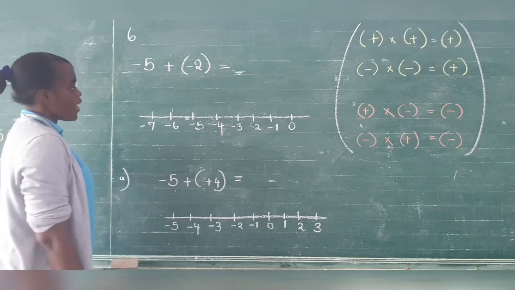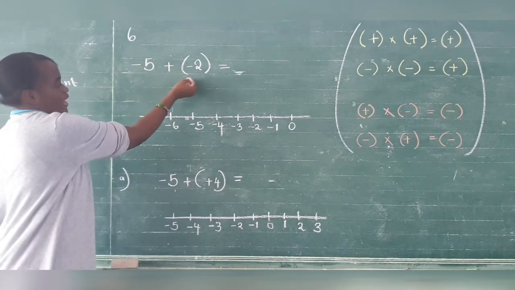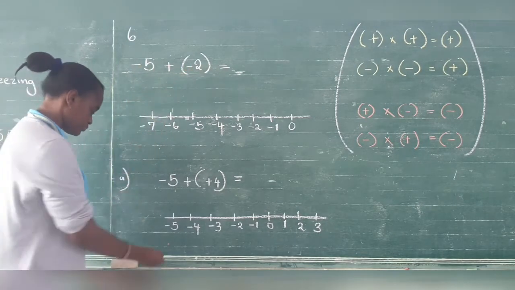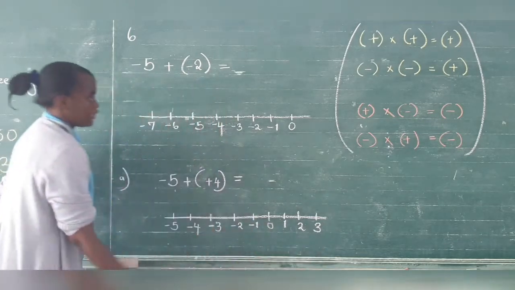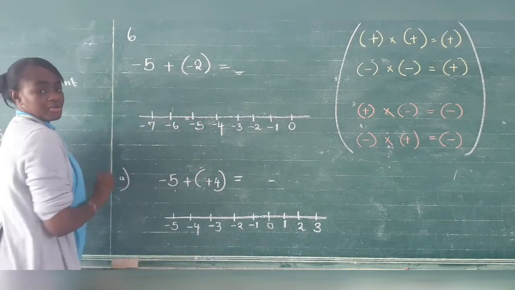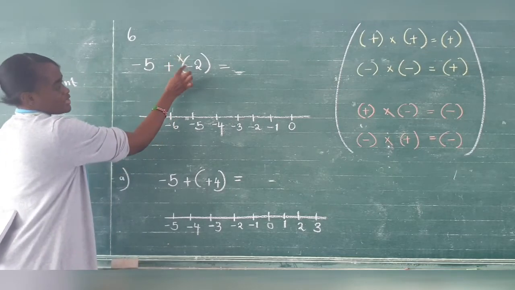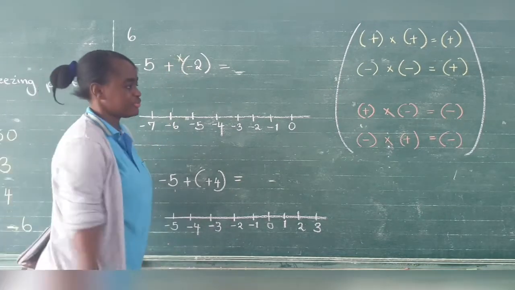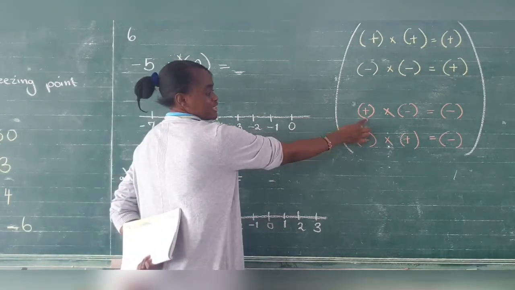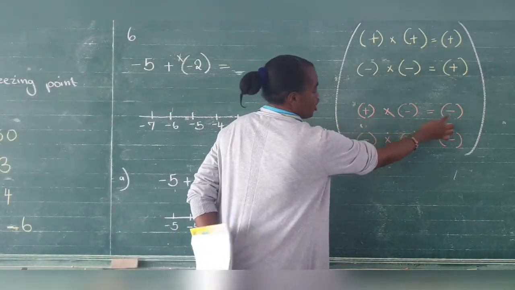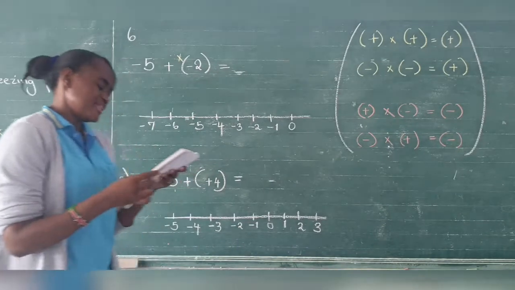So example 1, -5 plus -2. Remember, in between here, we have times. So negative times positive times negative. Come and check. Positive times negative equal negative.